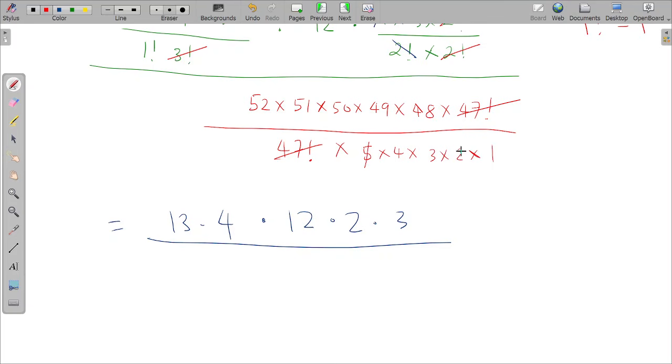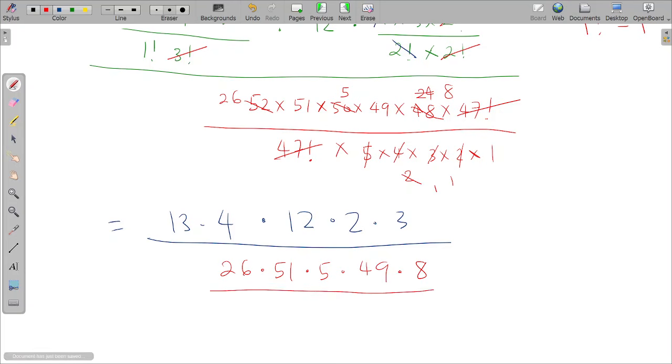This is 5 and this is 2, 10, and 10 divided by this gives us 5. So 4 goes into 52 thirteen times, and 4 goes into 2 once. 2 goes into 24 twelve times, and 3 goes into 3 once, 3 into 24 eight times. So we now have 26 multiplied by 51 multiplied by 5 multiplied by 49 multiplied by 8.